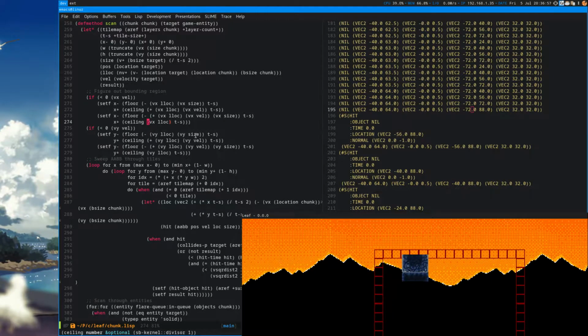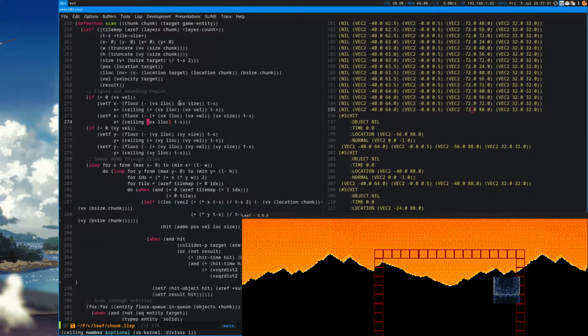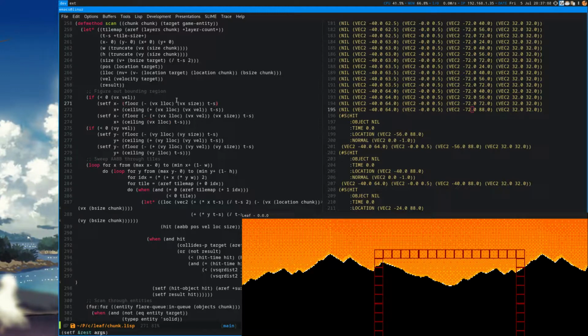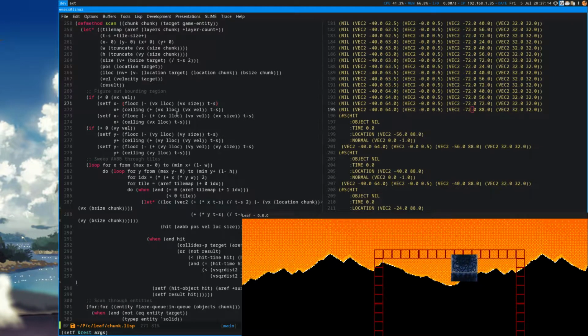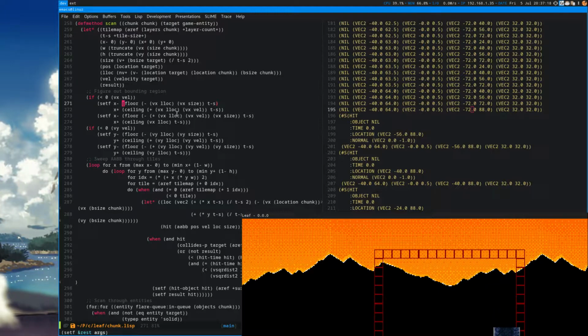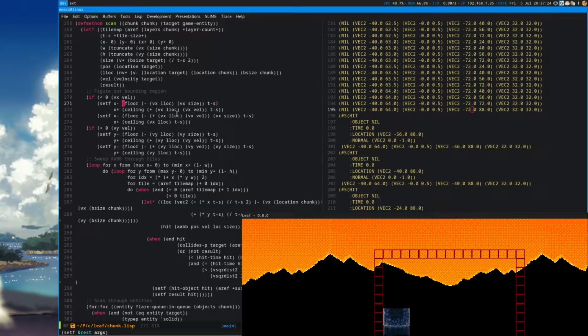I see. So if velocity is positive, x minus is... Wait, hold on. Yeah, the problem is again if the velocity is exactly 0, which is practically never, so it's not really even worth optimizing for that case.